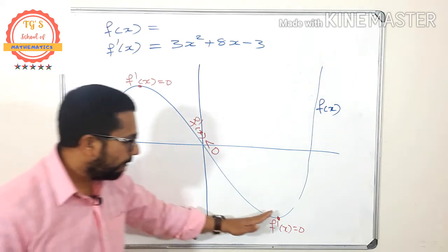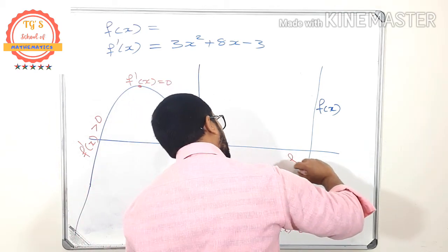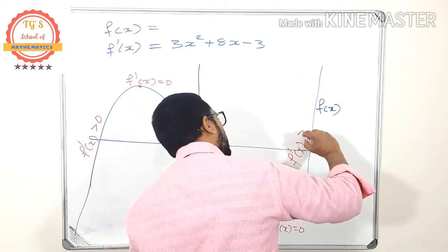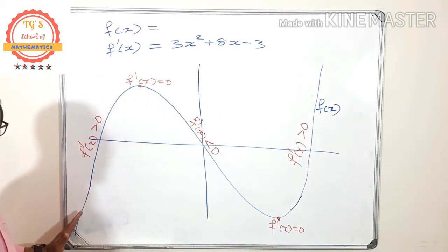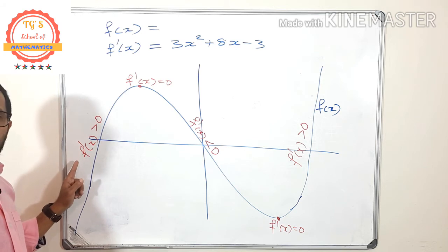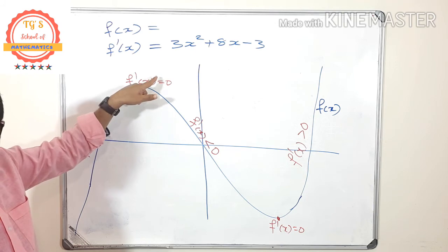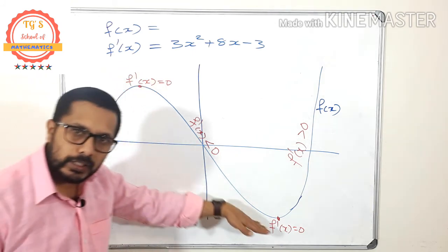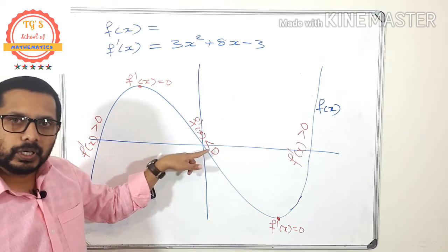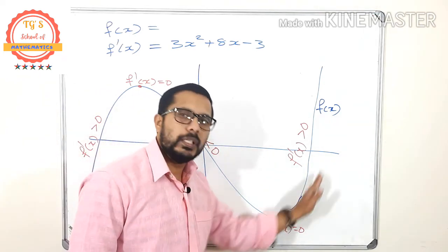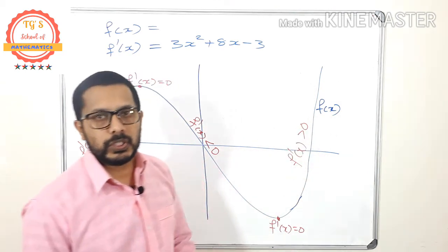Again when the graph is increasing, the first derivative is greater than 0. So try to understand, when the original graph f is increasing, what happens to f dash of x? It is positive. Stationary point, turning point, 0. Again when the original graph is decreasing, the first derivative is negative or less than 0. When the original graph is increasing again, the first derivative is greater than 0 or positive.